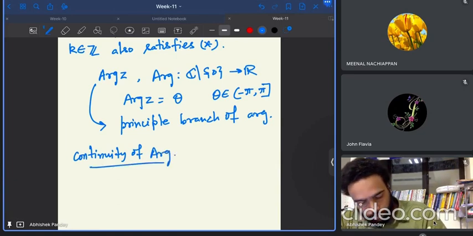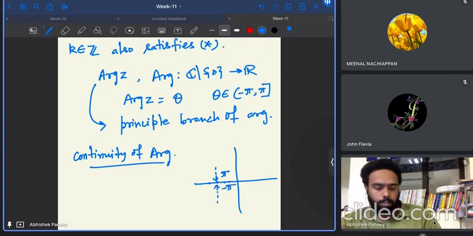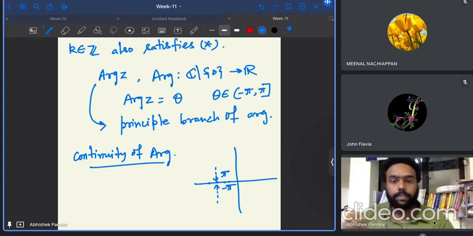All these points, which we already discussed earlier, once you converge from the upper part and lower part, your limit will be pi and minus pi. So at all these points it is not continuous. So the argument is continuous on C minus 0 except the negative real axis.